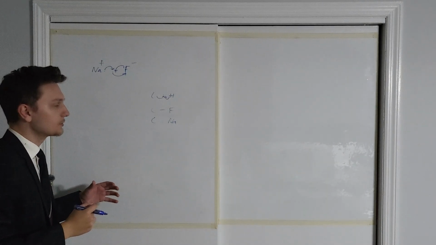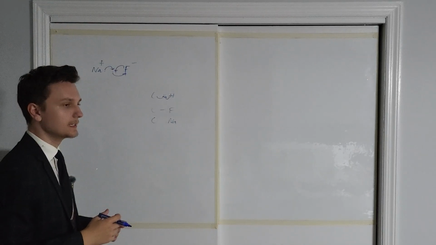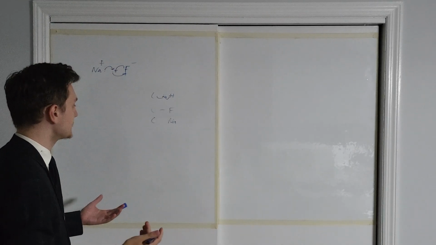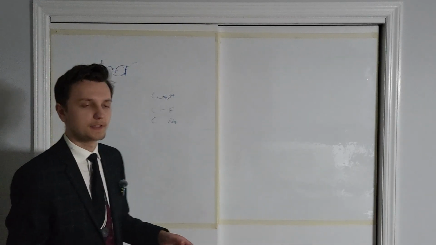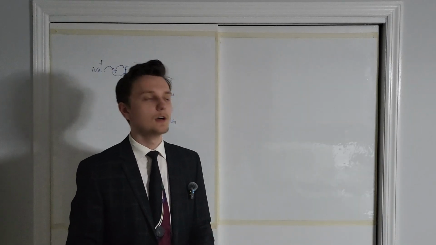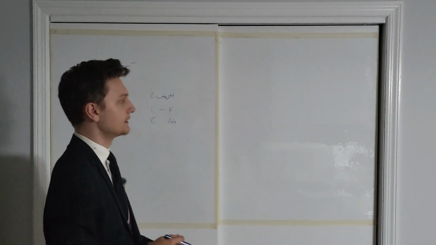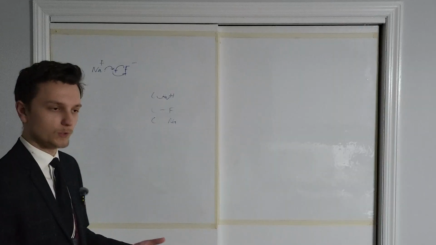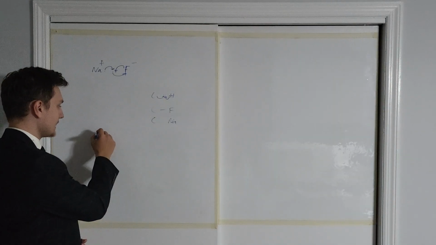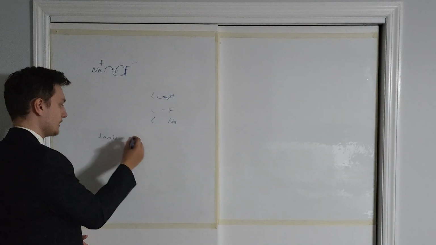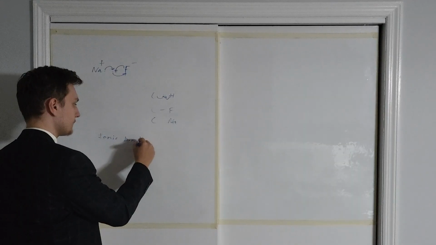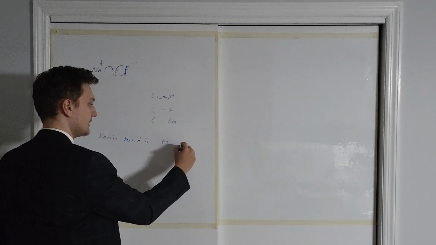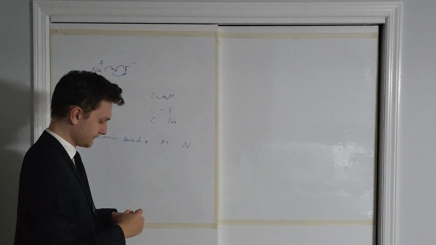So let's go through some general ideas and some general rules about how we identify ionic and covalent bonds, and I'm also going to go into this idea of polar covalent bonds, okay, because that's sort of something in between. So ionic bonds are formed between a metal and a non-metal, okay?